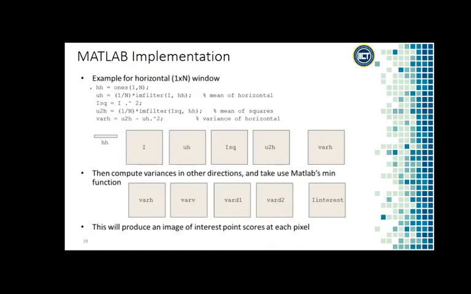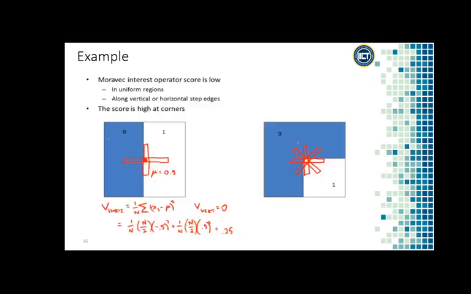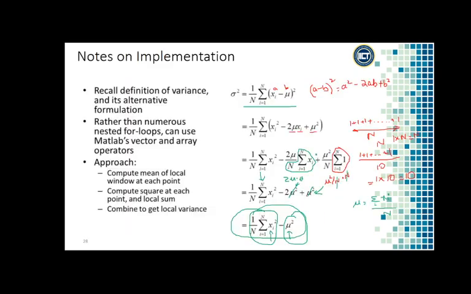So what we can do is first create the horizontal vector. Remember, we create a single vector, like horizontal variance and vertical variance, variance in horizontal direction. So these are all vectors.